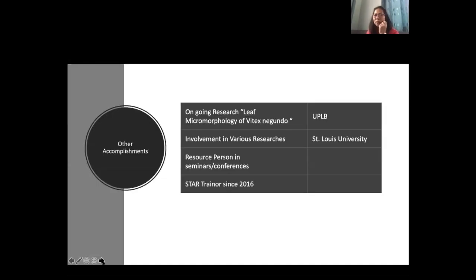Among her other accomplishments are the following. She's doing an ongoing research entitled Leaf Micromorphology of Vitex negundo at the UP Los Baños. And she has also been involved in various researches, too many to mention, at the St. Louis University.